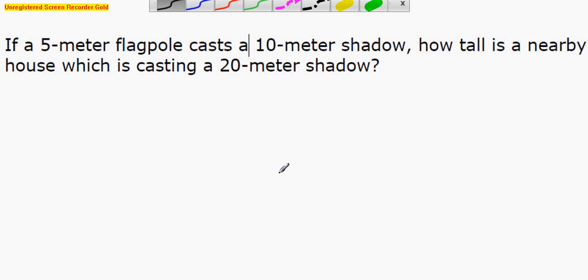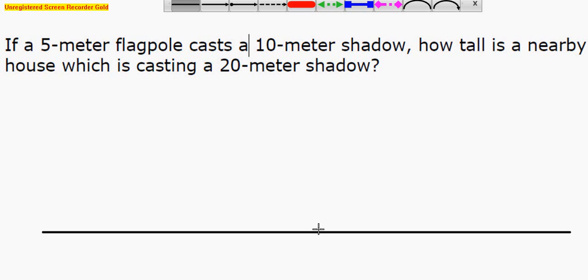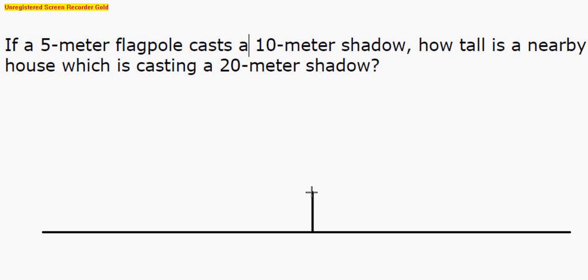So let's maybe get a line here for the ground. This will be our ground, and then we'll draw a flagpole. Let's make it have a flag. See if I can draw a flag on it.